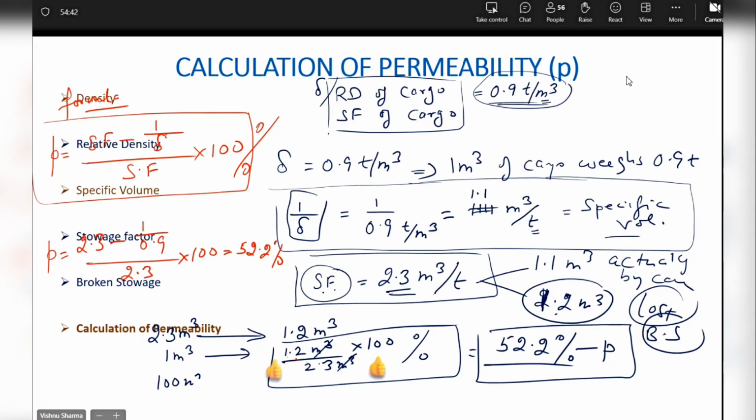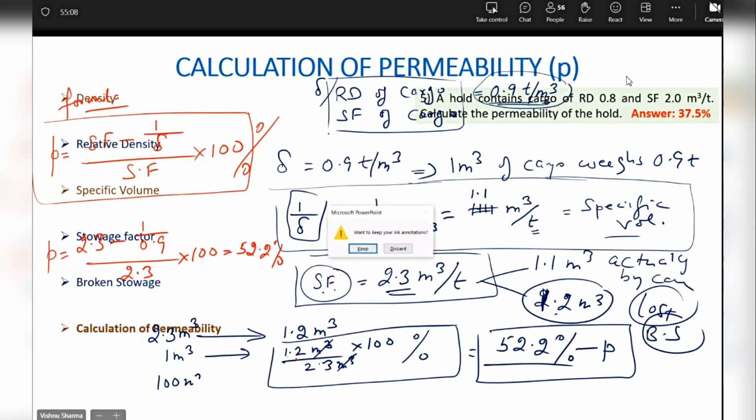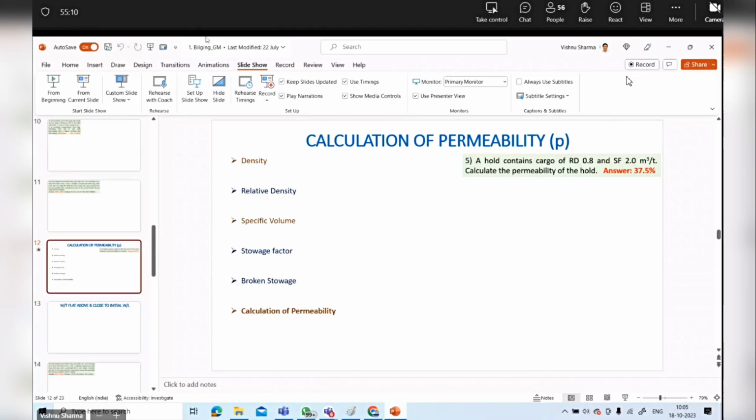Okay. Now, just for the sake of practice, would you like to calculate this? A hold contains cargo of RD 0.8, stowage factor 2, calculate permeability. Just calculate on your calculators and see if you're getting 37.5%. Just practice this. Let me clear the formula so that you pick up the formula from your registers.